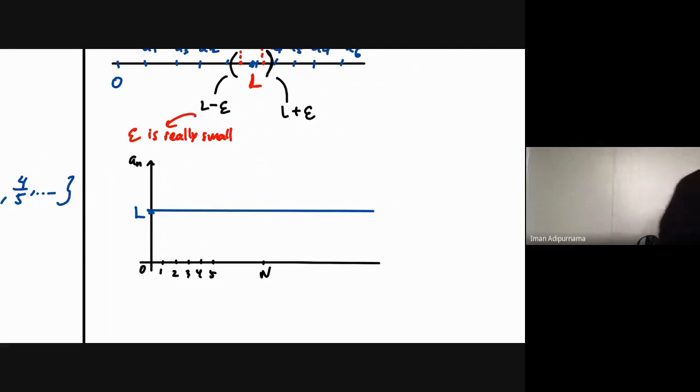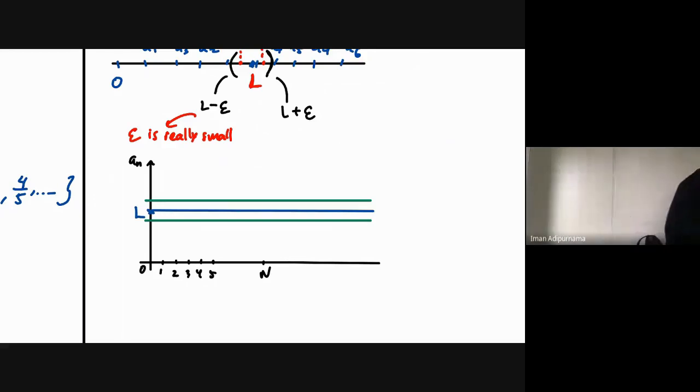And this is the number, the N integer. And let me use a different color. Let's say we have L plus epsilon and L minus epsilon. Okay. So the gap here is epsilon.